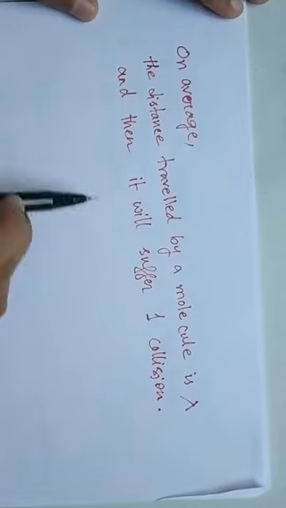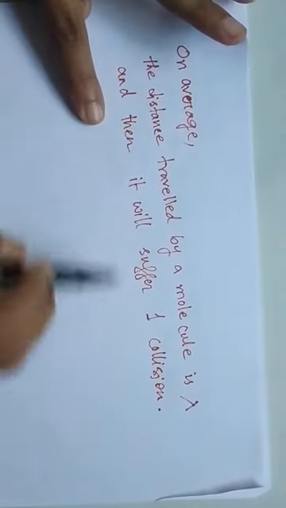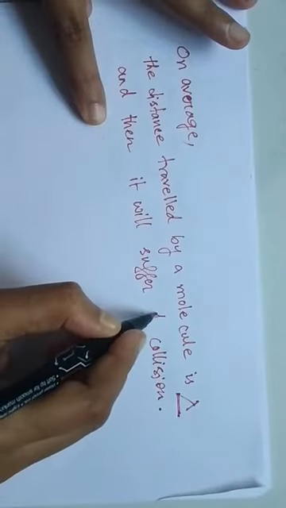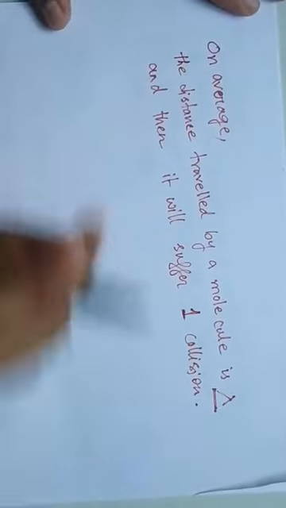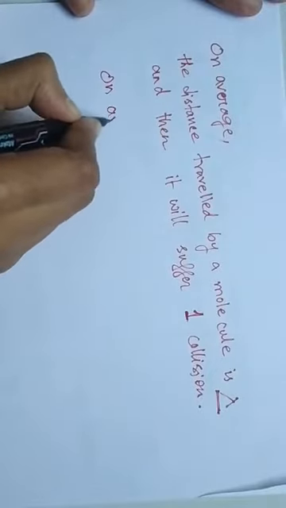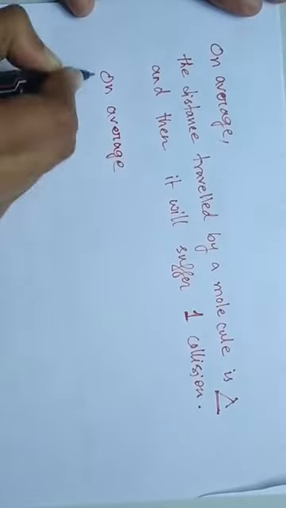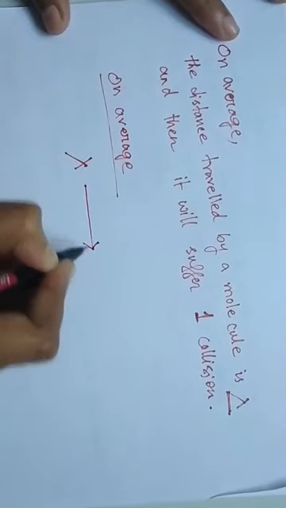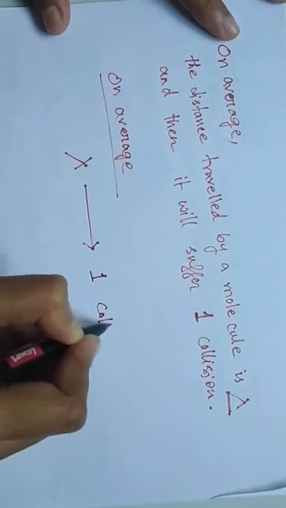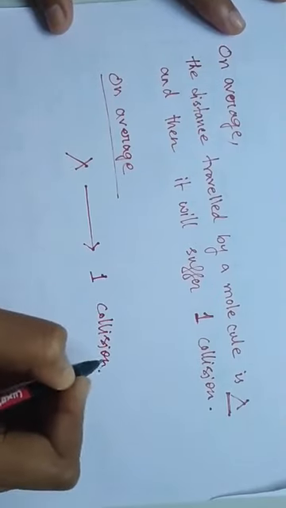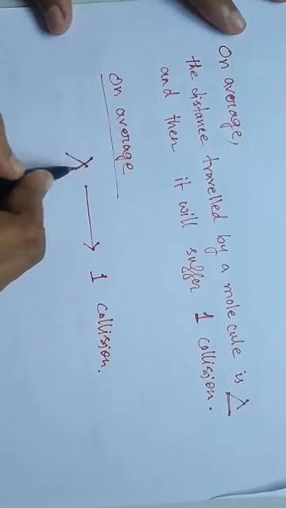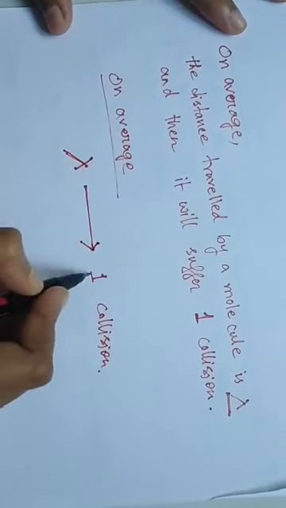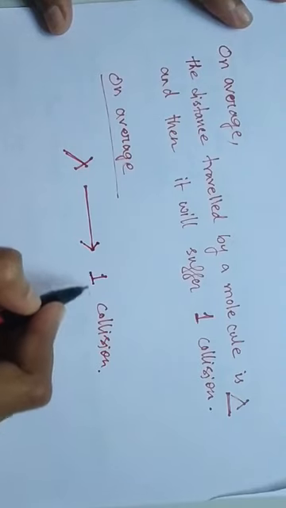It has already suffered one collision, then it starts moving, and on average it will travel a distance of lambda before suffering another collision. So on average, after travelling a distance of lambda, that is equal to the mean free path, it will suffer one collision.